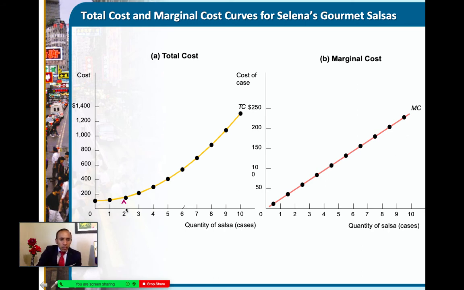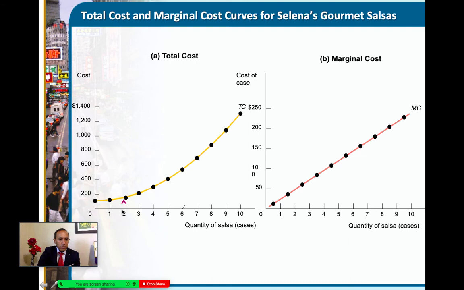The total cost of 2 cases of salsa is about 196, something close. And the marginal cost of the second case of salsa is about $36 here. A little bit less, so make sure to note that distinction.